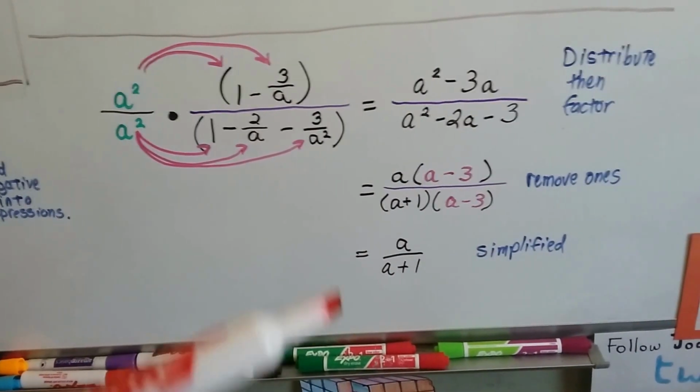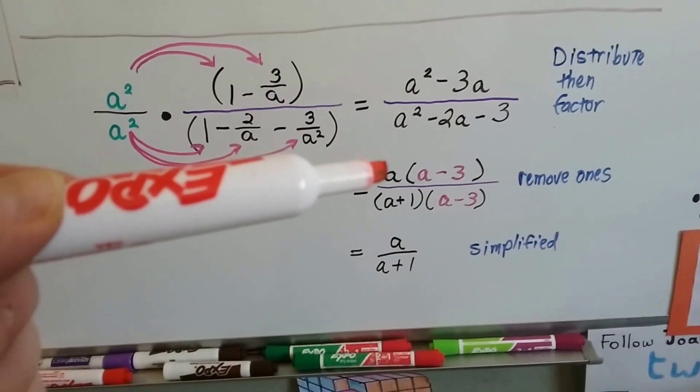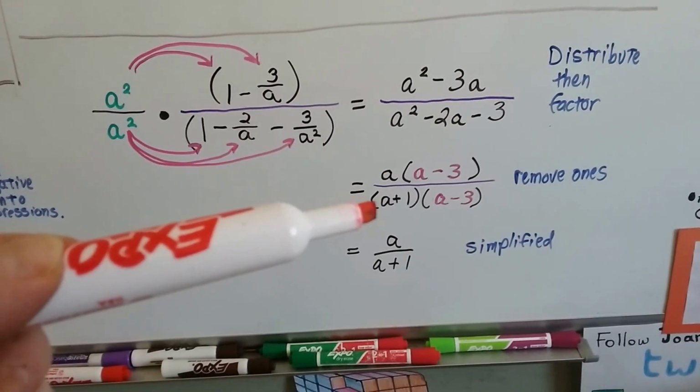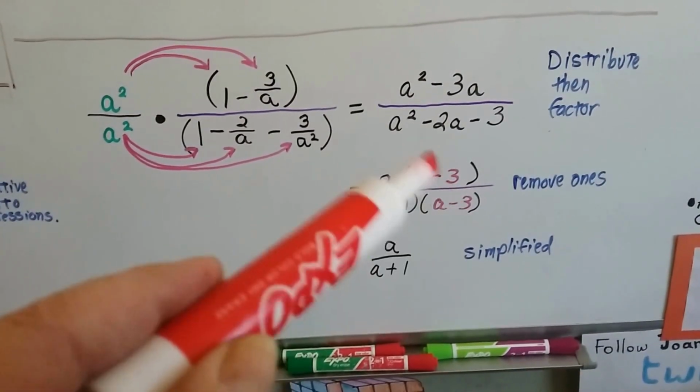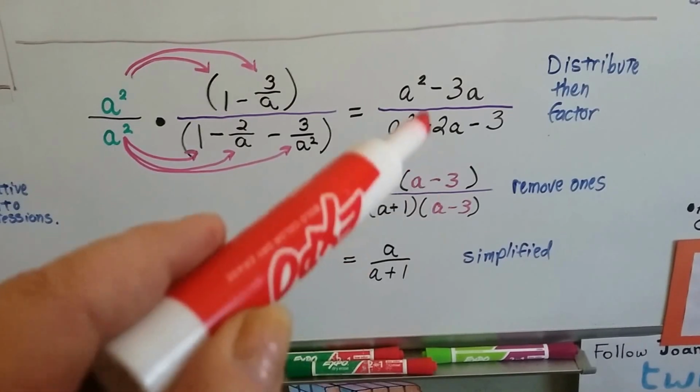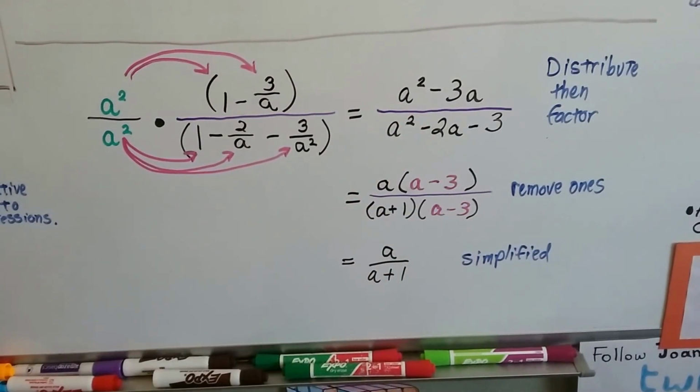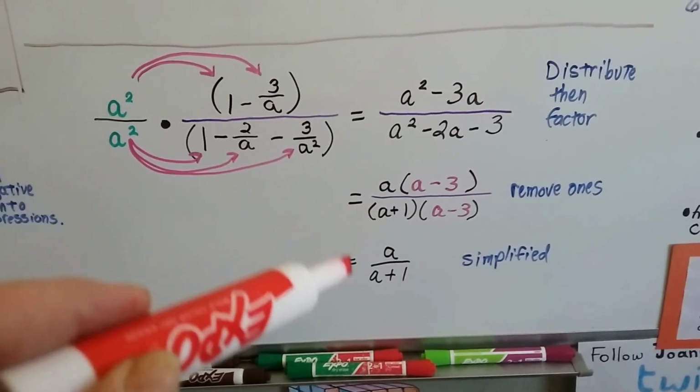We factor this, we get a times a minus 3 over a plus 1 times a minus 3. And you can see we can remove a 1 again, can't we? We've got the a minus 3 over a minus 3. And all that's left is an a over a plus 1.